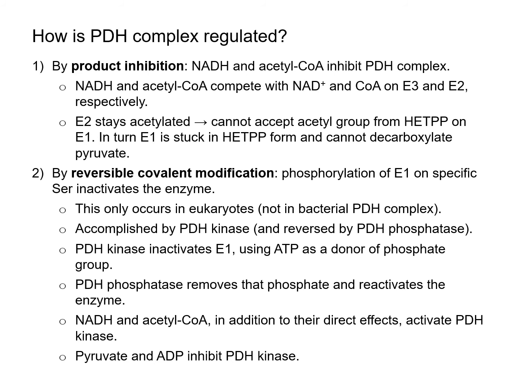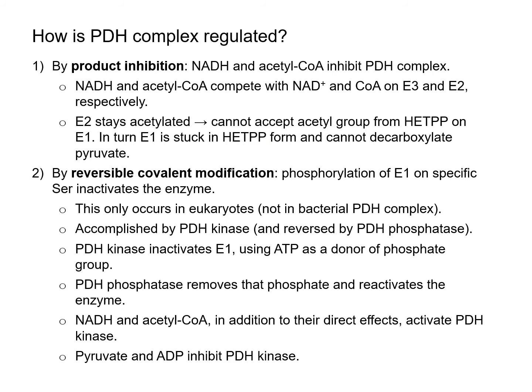More specifically, NADH and acetyl-CoA compete with NAD plus and coenzyme A on E3 and E2 respectively. And if E2 stays acetylated, it cannot accept the acyl group from HETPP on E1 anymore. In turn, E1 is stuck in HETPP and cannot decarboxylate the pyruvate anymore.